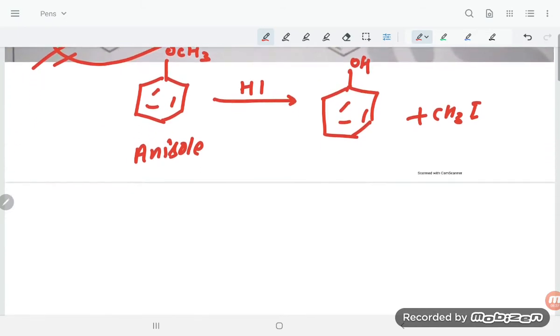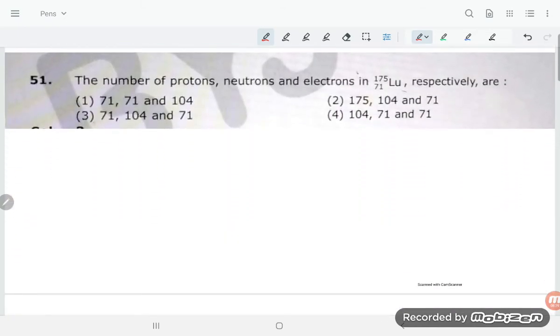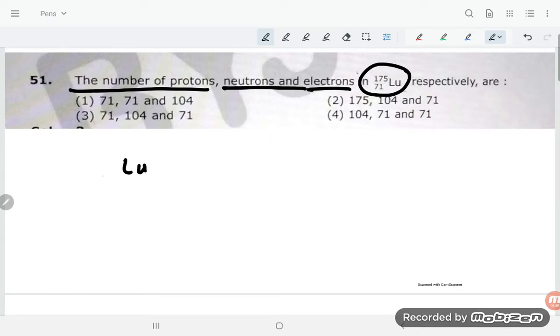Now students, let us see question number 51. If you talk about the number of protons, neutrons and electrons in lutetium respectively. So Lu is there, that is 71 and 175.